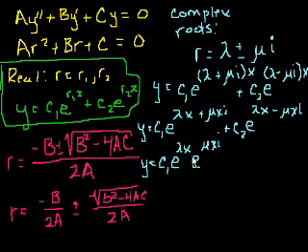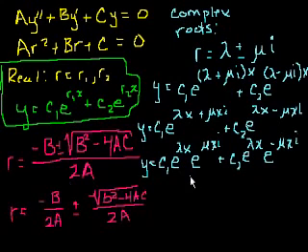So this is the same thing as that, plus c2 times e to the lambda x times e to the minus mu xi. And we have an e to the lambda x in both of these terms, so we can factor it out.